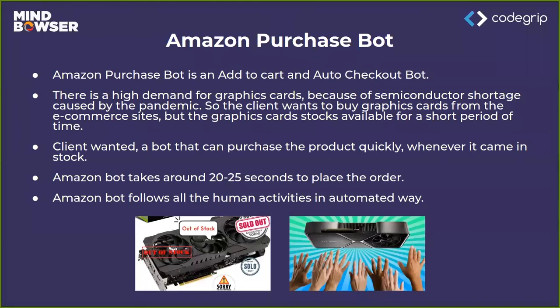Many people, or you can say retailers, want to buy graphic cards, but they are not available on online platforms because of the semiconductor shortage during the pandemic. So we planned to create the Amazon purchase bot.